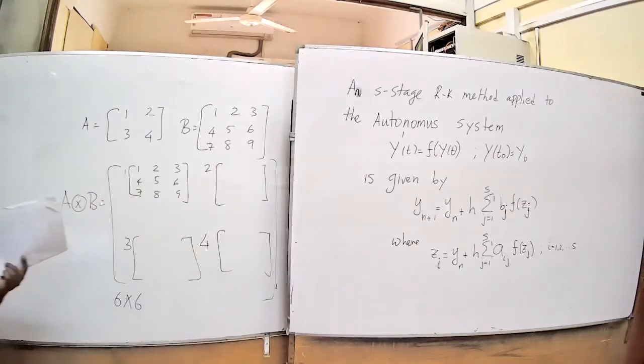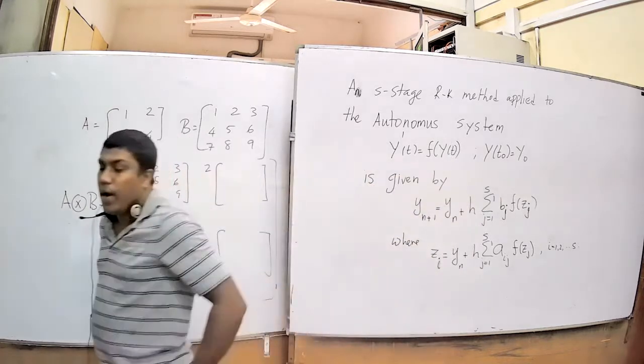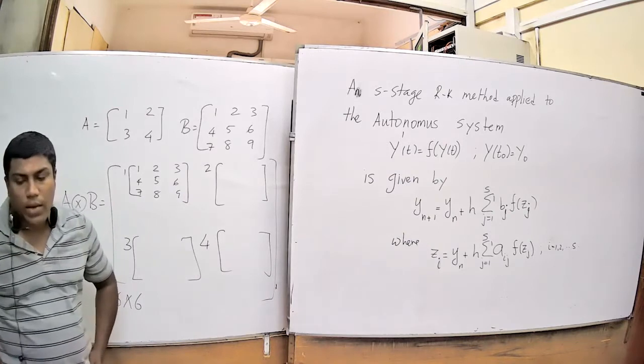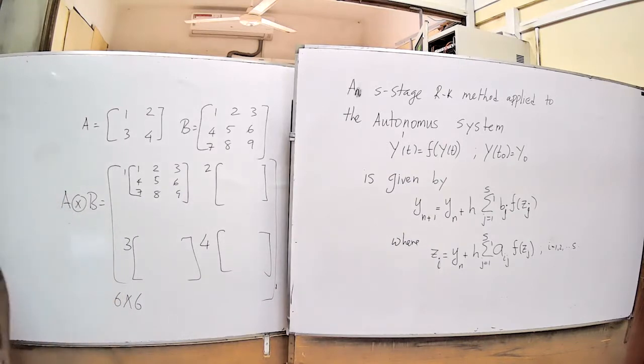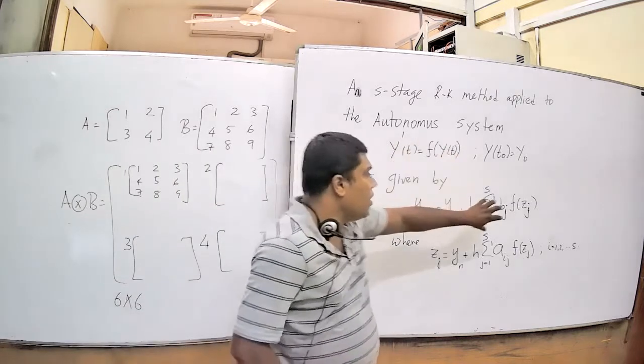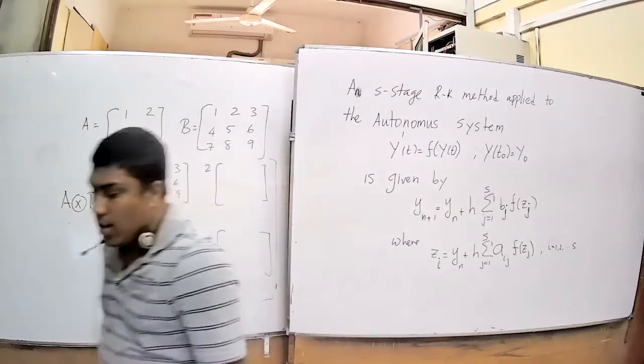When you have applied this RK method to an autonomous system, this is how your f looks like, f of y of t. So basically it is a function of y only, and y is a function of t, which you all know. That is how you define the autonomous system. When you apply that, your function is going to be of this form, where this is basically a function of this. So that's understandable.